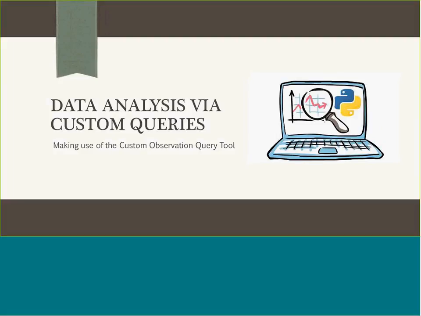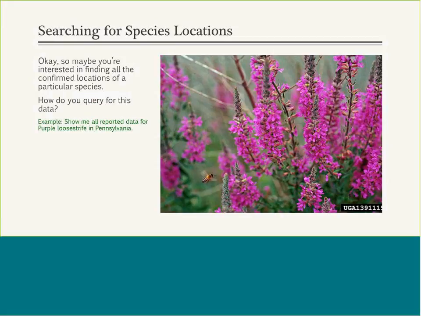So we're going to dig a little bit deeper into how you can conduct some data analysis by doing custom queries with our custom observation query tool. So say you're looking for a particular species and all of its locations within the state. You can do that by looking at the map, which we did not too long ago. We can also do it with a custom query.